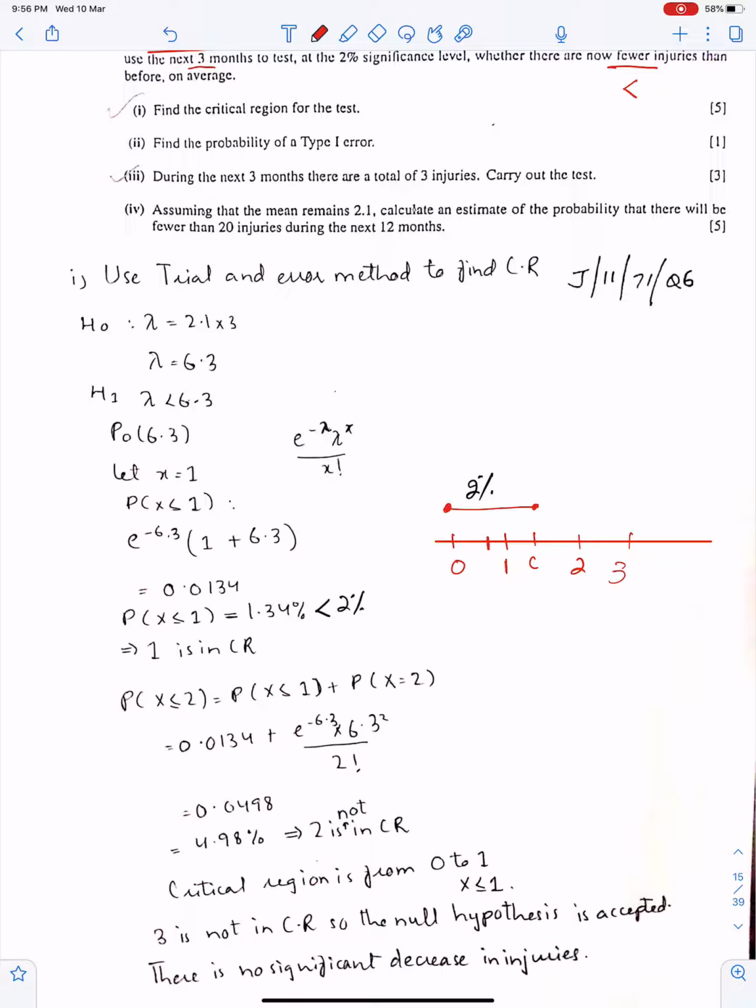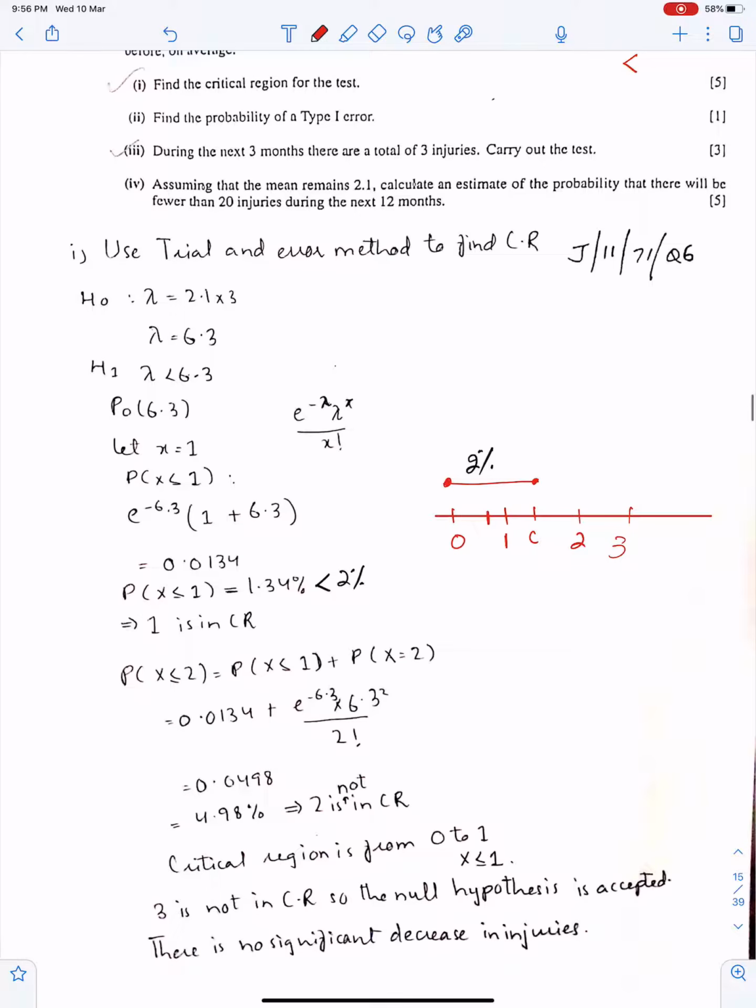So you just need to mention this and conclude: since 3 is not in the critical region, H0 is accepted and the claim is rejected. When you accept H0, then you reject H1. That means lambda has not decreased.